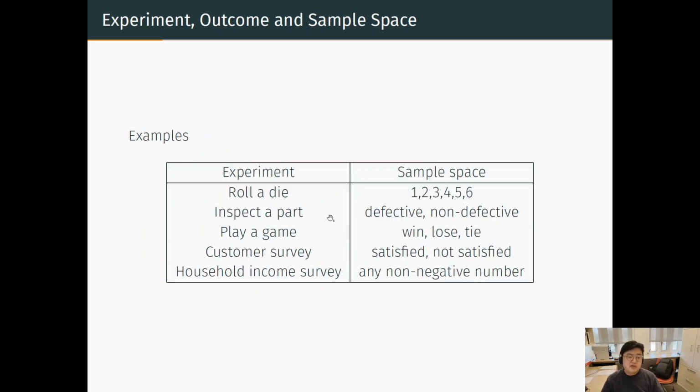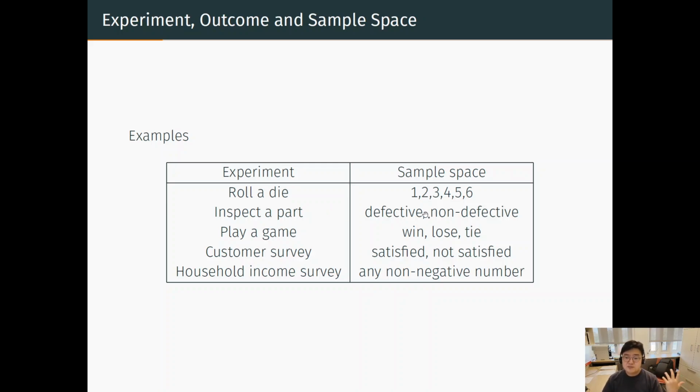And think more about other examples, like rolling a dice. You get 6 different possible outcomes, so you have 6 elements in the sample space. And if you do a quality control inspection in a manufacturing process, defective or non-defective, when you inspect some manufactured product, you have to tell if it's defective or not.